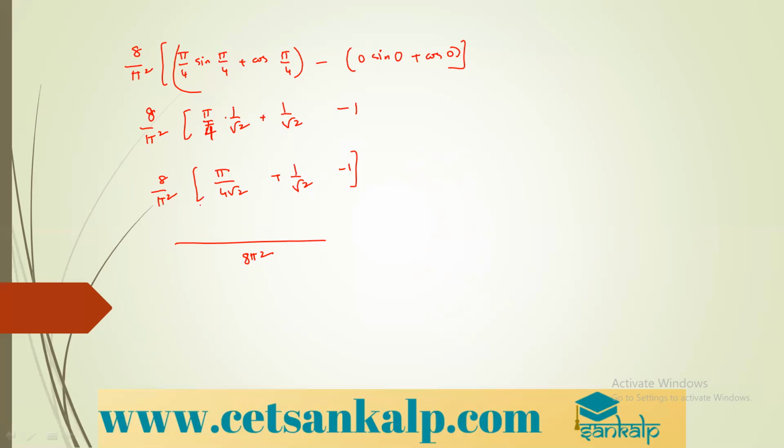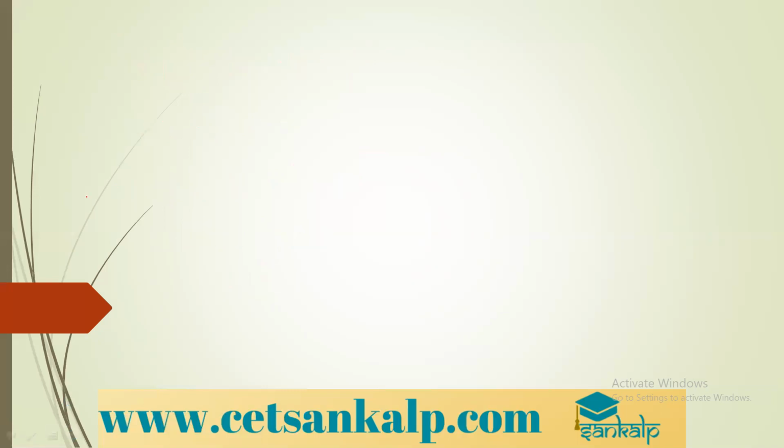So pi square is anyhow there. Then you will have 8 into 2 pi plus 4 root 2 minus 8. So 8 and 8 will cancel. You have pi root 2 plus 4 root 2 minus 8 by pi square. That's the final answer.